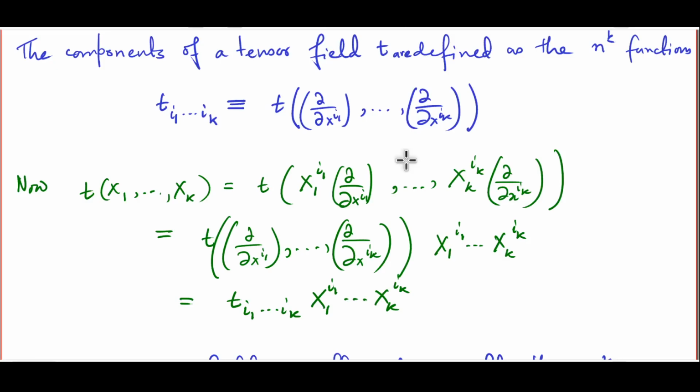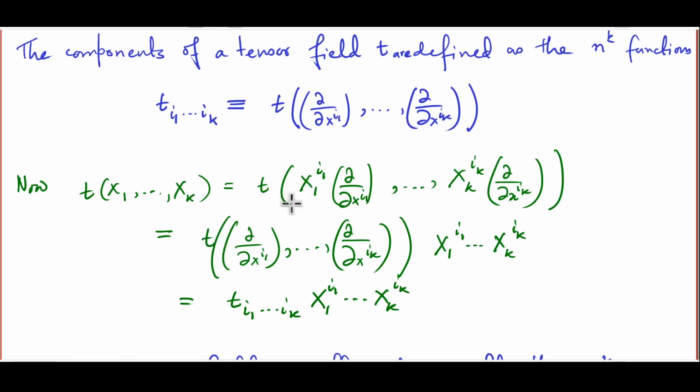Now, given the fact that the tensor T is actually a linear map, it follows automatically that the tensor field T has the same linearity property. Indeed, it's not just R-linear, it's actually C infinity linear. We will prove this rather obvious result in a while.